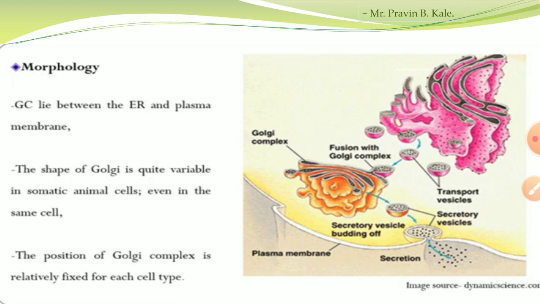The number of Golgi apparatus per cell is also variable. Then the position of Golgi complex is relatively fixed for each cell type. This is the morphology of Golgi complex.